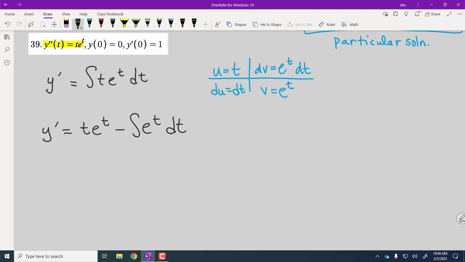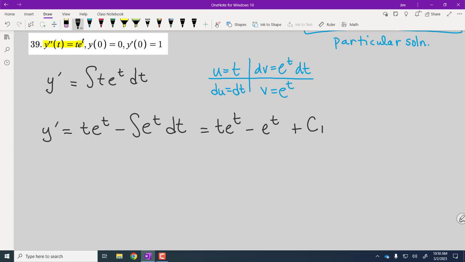Let's finish off y prime. This will be t e to the t minus e to the t plus an integration constant. Here we'll put a C1, because we know we have a second order and we're going to have two constants. So now we have an expression for y prime, a general y prime.